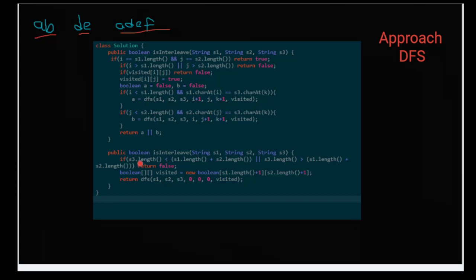You can see here we are checking if S3's length is less or greater, then in that case it's false. You can even check if it's not equal to, that could also be done. Now we'll check whether these characters are visited or not. So we'll take one i here, one j here, and one k that will keep track of this.